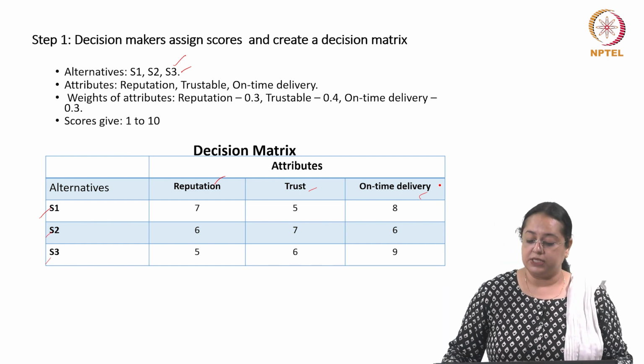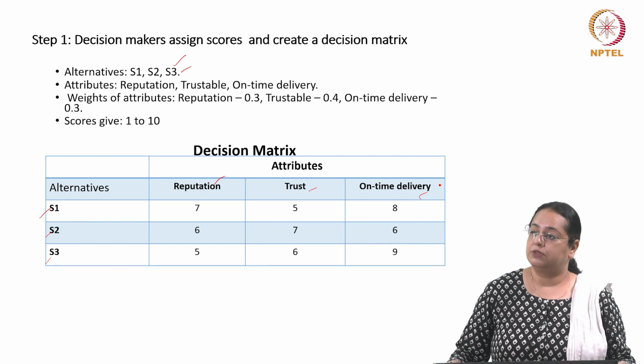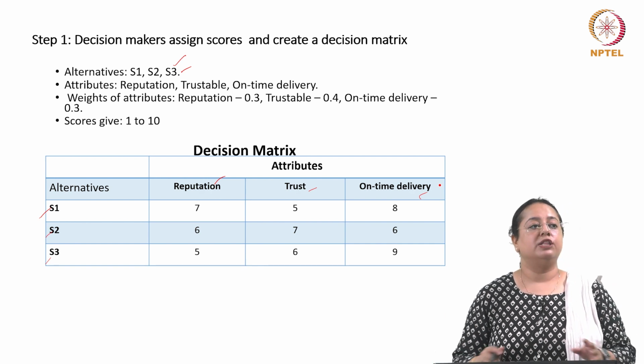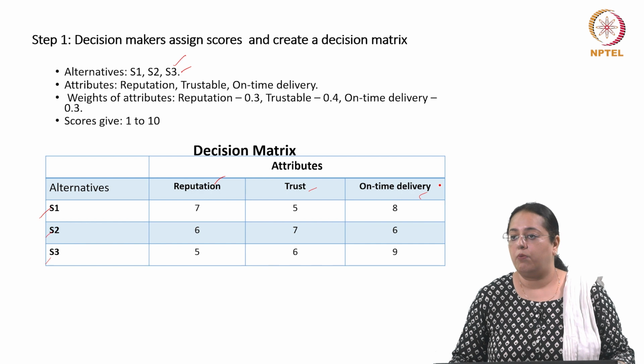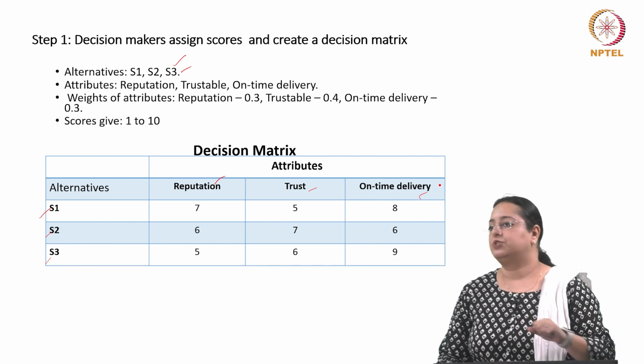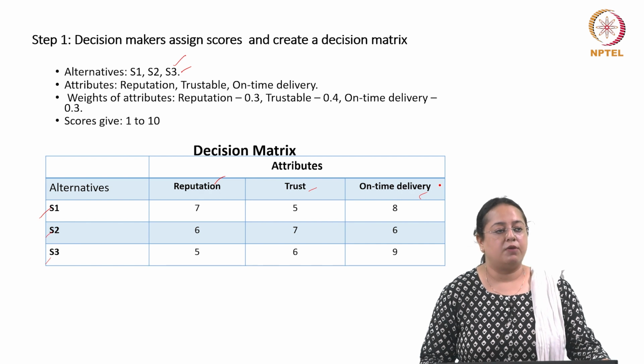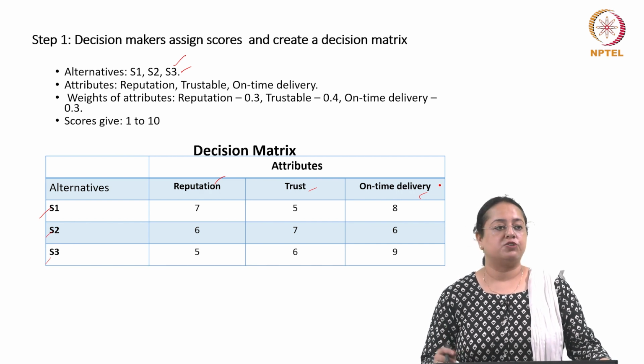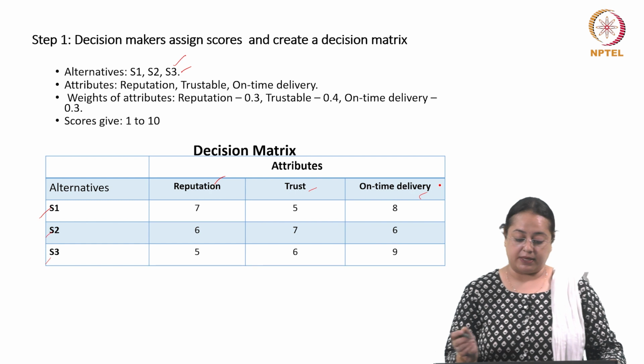So in such cases, one can take the opinions of experts on a scale of 1 to 10, on how they rank them or what score they would like to give, based on maybe past experience or past performance of the suppliers.